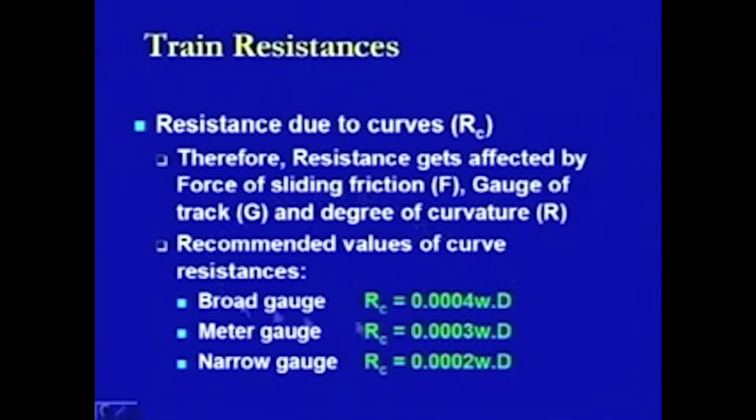On the basis of the different computations, the recommended values of the curve resistances have been given for the different gauges. For the broad gauge, this value is 0.0004 W into D, where D is the degree of the curve and W is the weight of the train. Similarly, in the case of meter gauge, this factor changes from 4 to 3, and in the narrow gauge, this factor changes from 3 to 2.